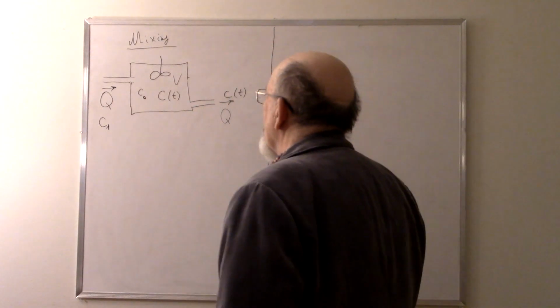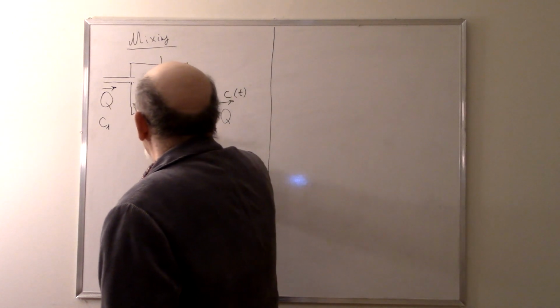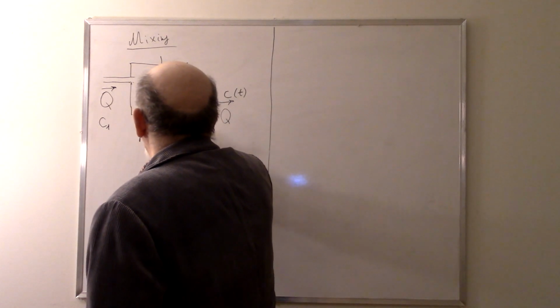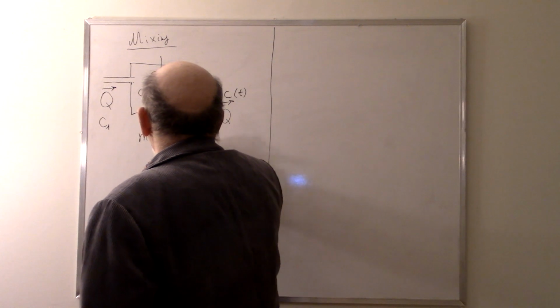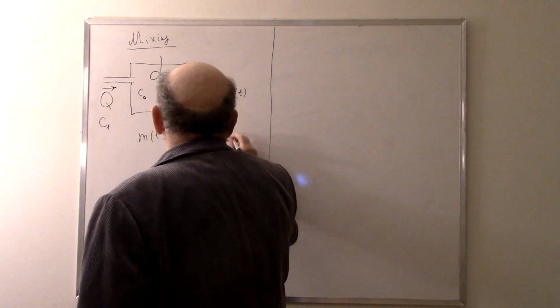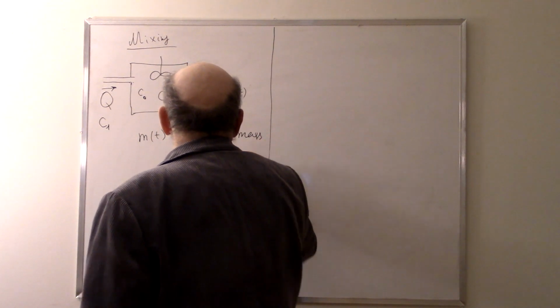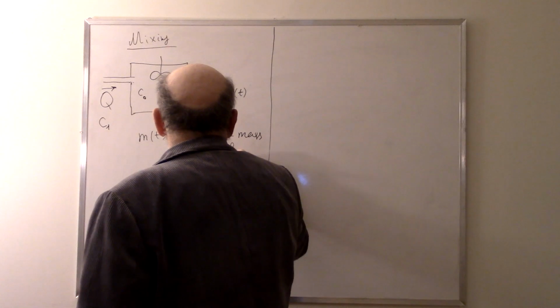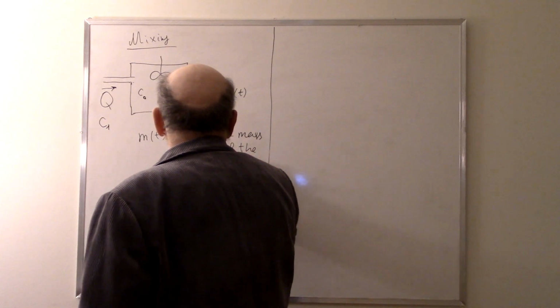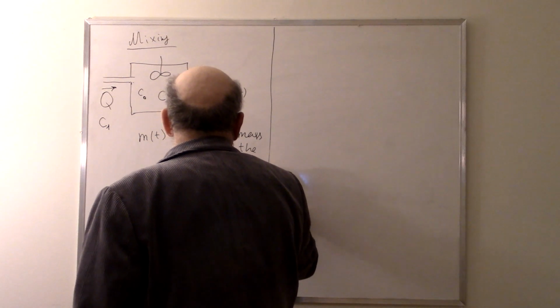Okay, let us solve this problem. So let m of t equal V times C of t. It is the total mass of, say, salt in the tank.